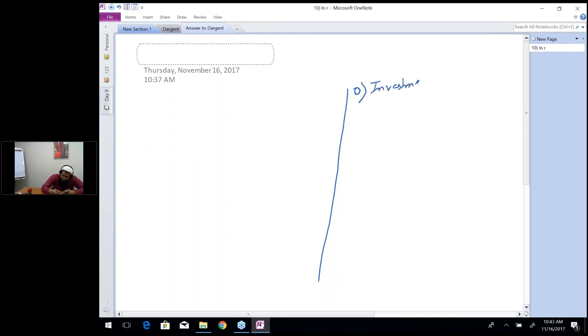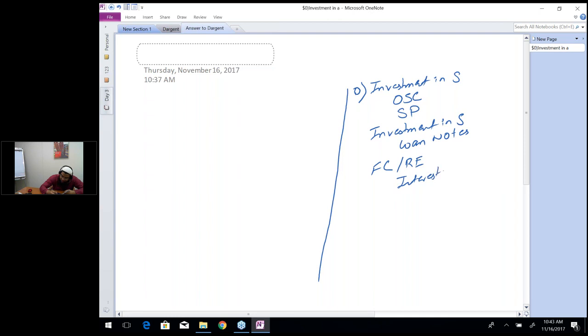And this is investment in subsidiary debit, share capital and share premium credit to record the share exchange, and then investment in subsidiary debit and loan notes credit to record the loan notes, and then finance cost or retained earnings debit and interest payable credit to record the 3 months interest on this.